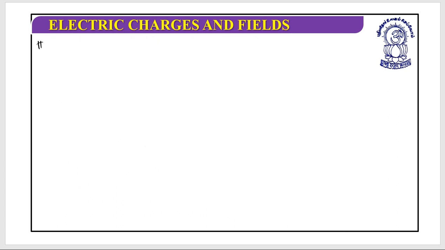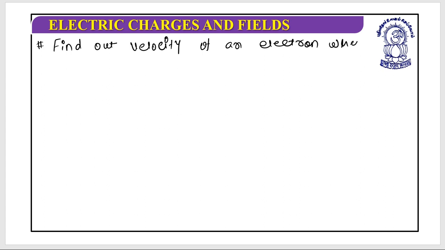If they have asked to find out the velocity of an electron when it has traveled distance d.